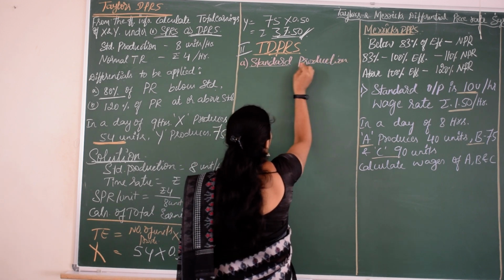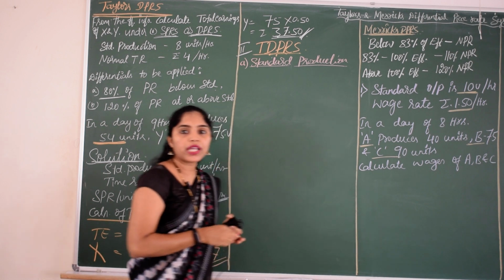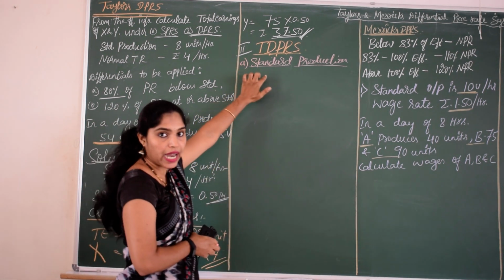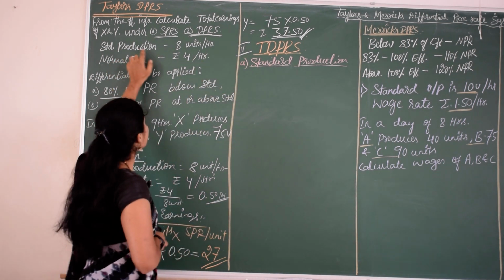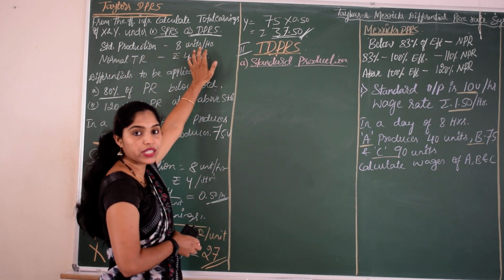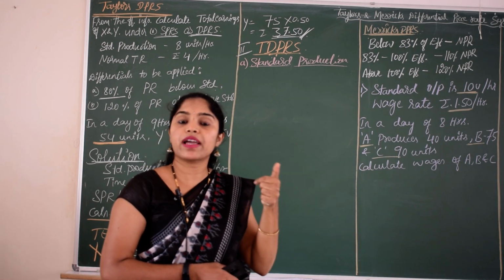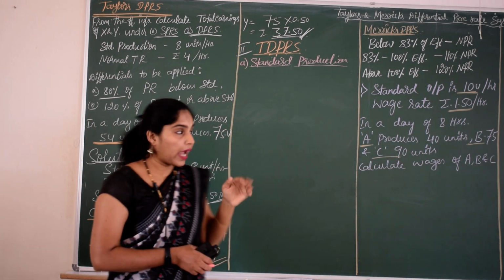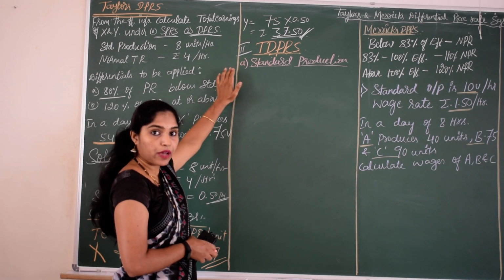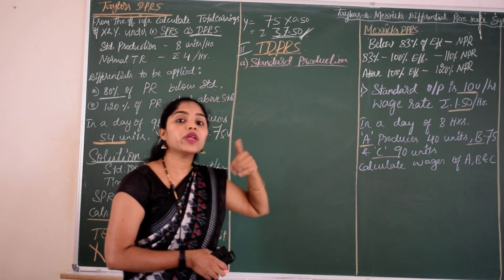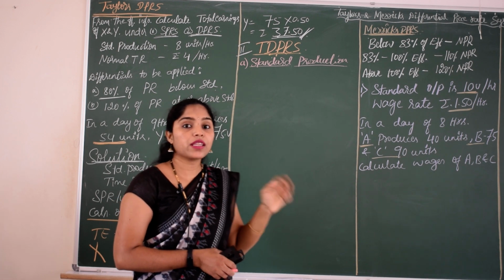Calculation of standard production. How do you calculate this? We have to consider the standard production of 8 units for every 1 hour. The employees are manufacturing 8 units per hour. How many hours are they working in the organization?